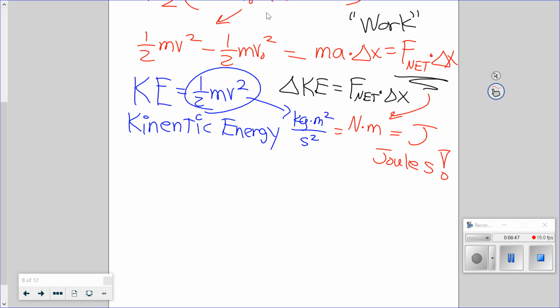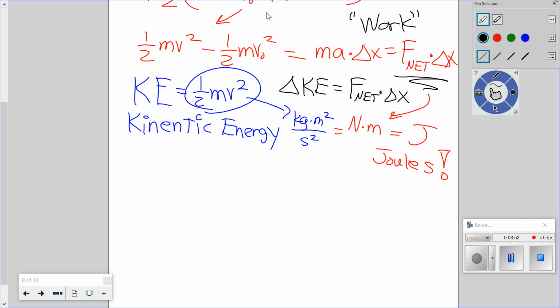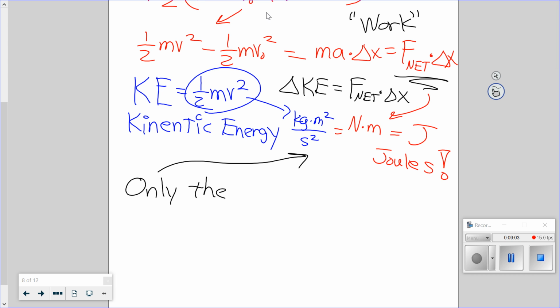There's a really important rule. Only the net force and the actual displacement do work. So if you have displacement 0, no total work got done.